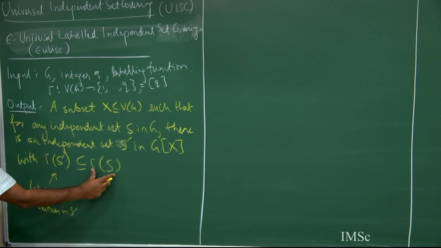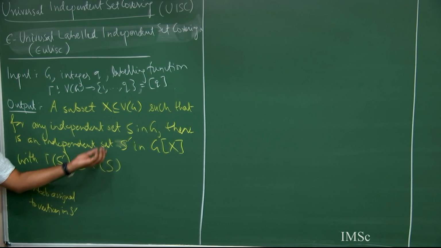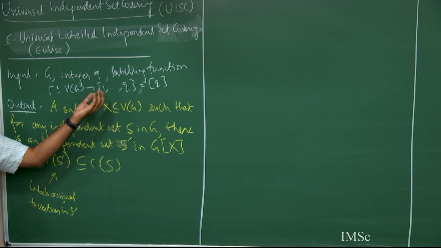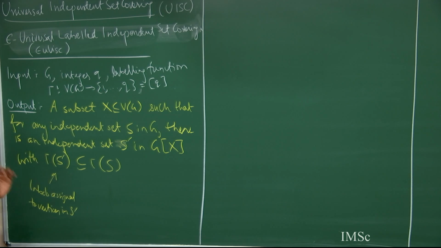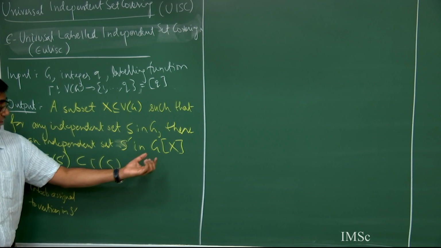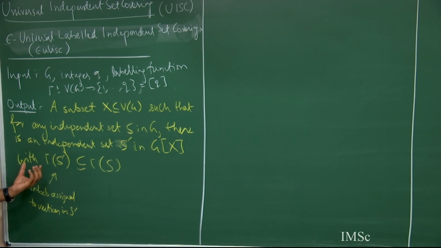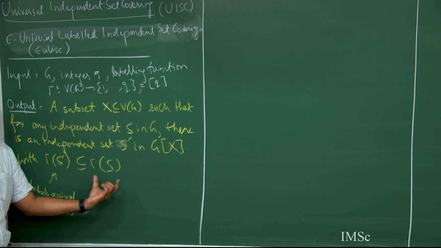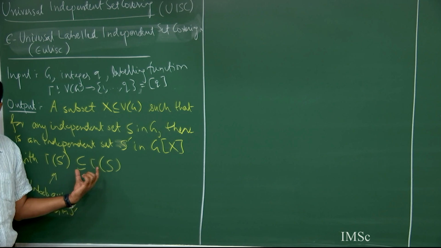It is possible that many vertices have been assigned the same color, but I am not interested in that, I am just collecting the set of colors which S gets. All I am saying is that I have a subset X of V(G) such that for any independent set S in G, there is an independent set S prime in the graph induced on X such that the label set of S prime is contained inside the label set of S. That is the first property.